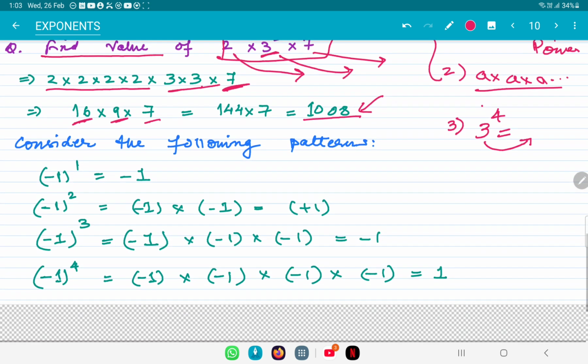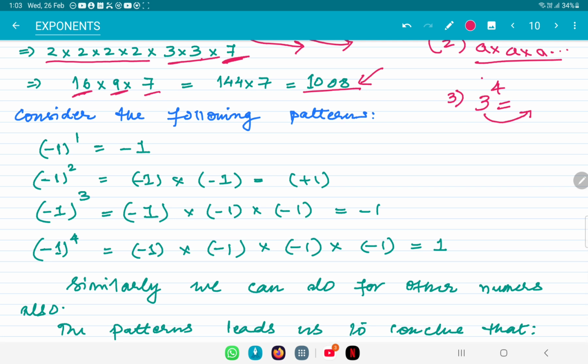Now we are seeing, if we multiply minus any digit 1 time, a digit having a minus sign multiplied 1 time, then we get minus itself. Just for simplicity we are taking 1, so minus 1.